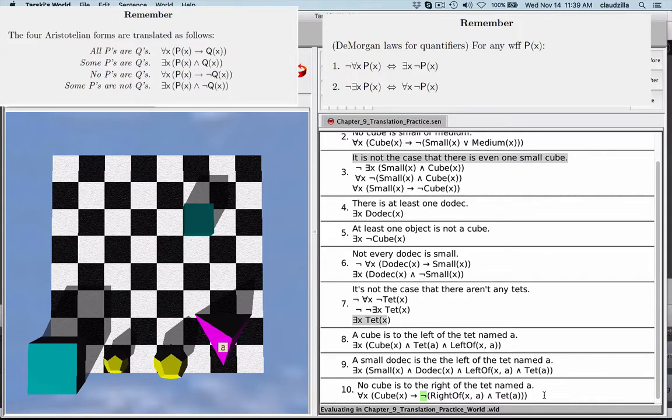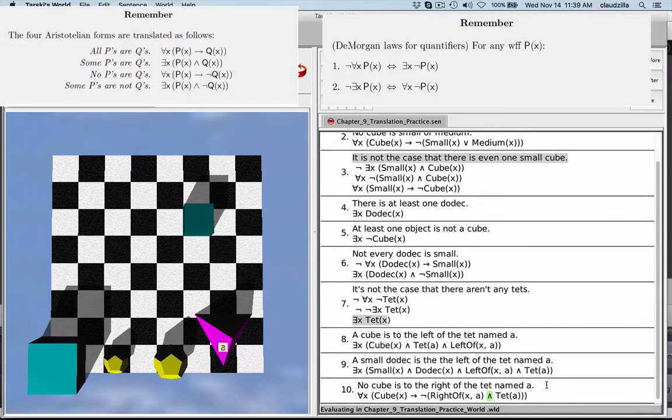So the conjunction, if we were to push the negation through, would say either it's not the case that entity is right of A, or it's not the case that A is a tet. On the other hand, if we have a disjunction in place of the conjunction, when we push the negation through, we would be rejecting each, and that would be false.